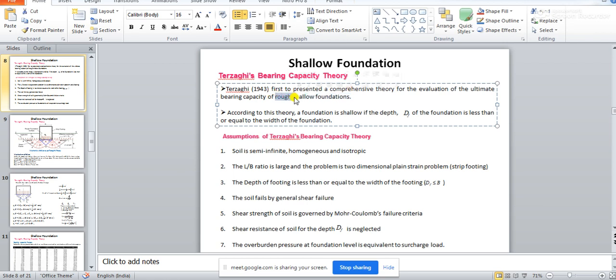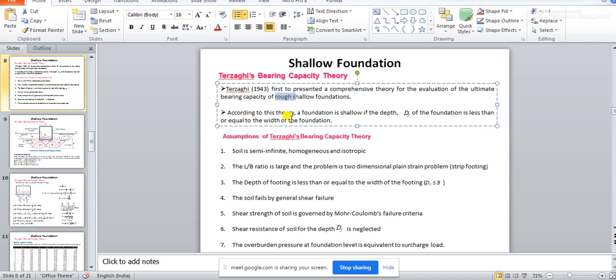That means below the foundation there is some roughness; it is not completely smooth. The surface at the bottom of the foundation is not smooth, it is a rough shallow foundation. Terzaghi's theory, whatever he has presented for evaluation of bearing capacity, is valid for rough shallow foundation, and it is giving only the ultimate bearing capacity.